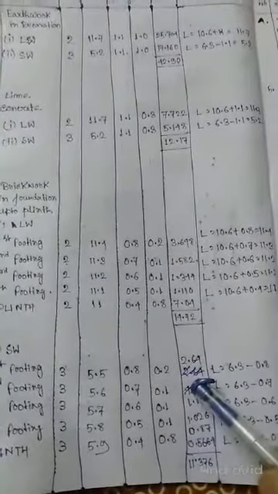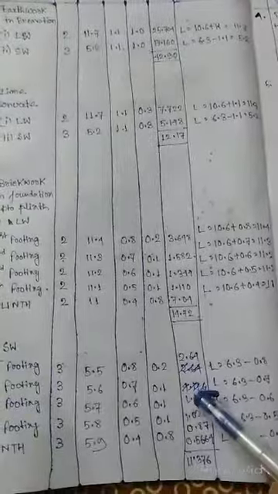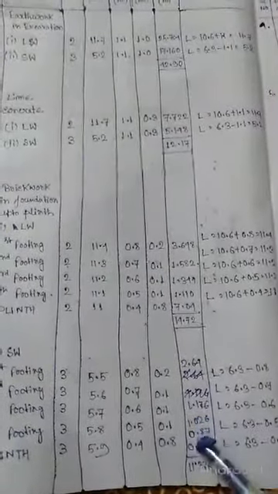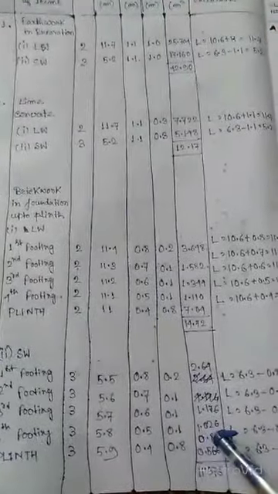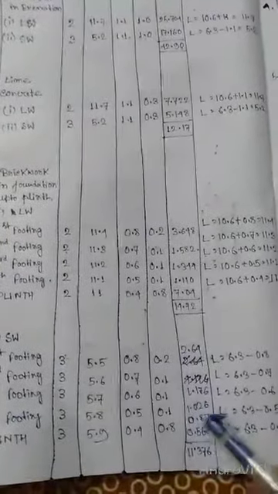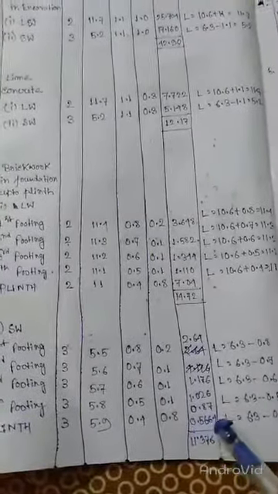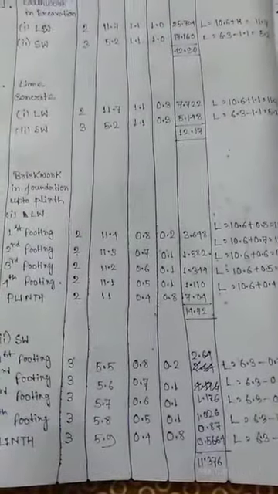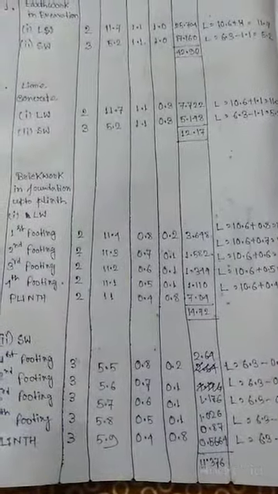Second, 1.176 meter cube. Next one is 1.026 meter cube, and the fourth step is 0.87 meter cube, and finally for the plinth, 0.5664 meter cube. And finally, after adding all those quantities, we are getting 11.376 meter cube. So this is the total quantity of the short wall.